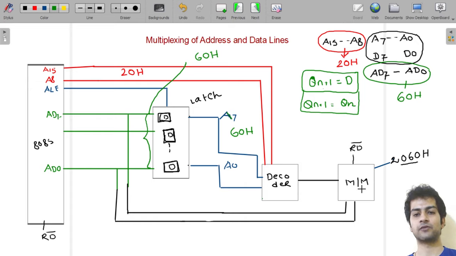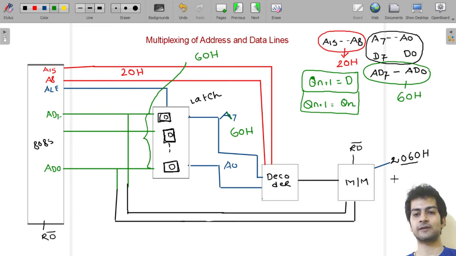As the read bar was also energized from the microprocessor, this is a control signal, it gives a command to the memory that a read operation has to take place, that is, the data present in memory location 2060H will be read and brought back to the microprocessor using this path.